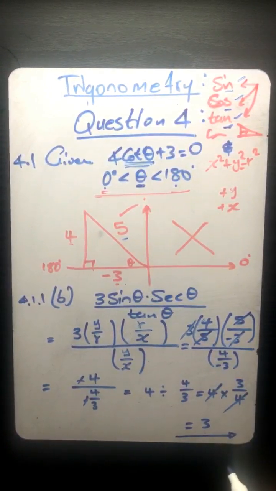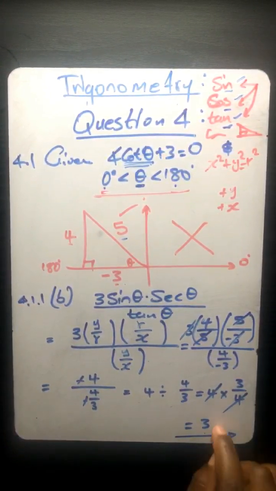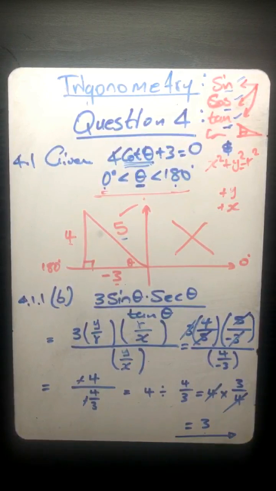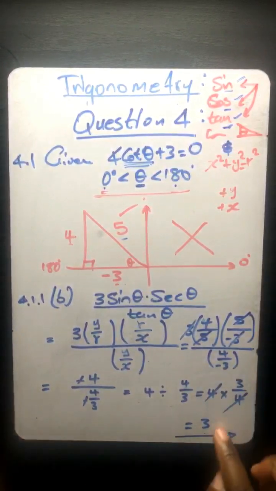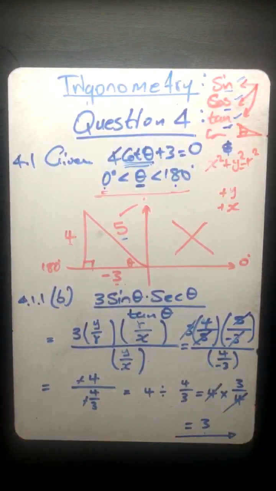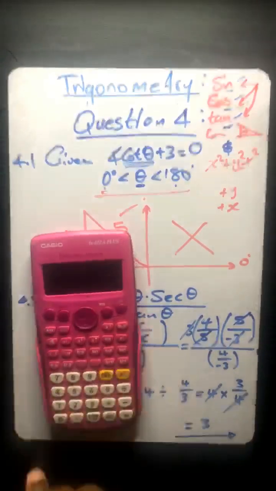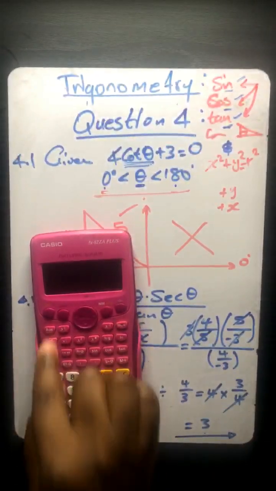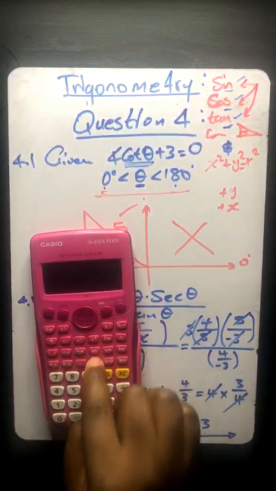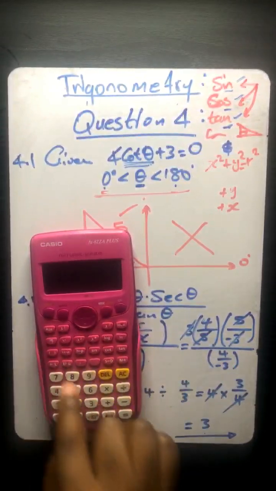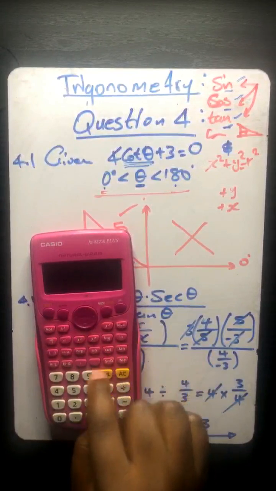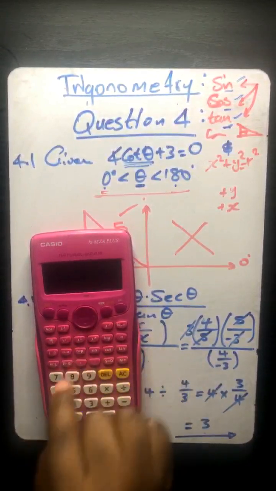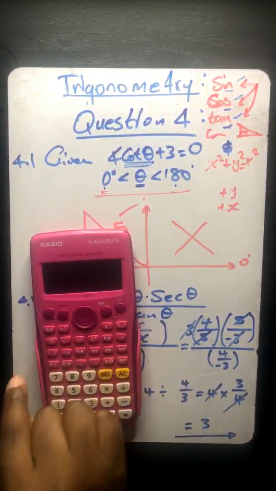So let's just assume that we are not sure if this is the correct final answer. How do you prove it? Let's punch all of that on a calculator, and if we get 3, then we know that the simplification is correct. I used to do it even though they said do not use a calculator, I would just punch it straight away, know what my final answer is, and then try to work it out.